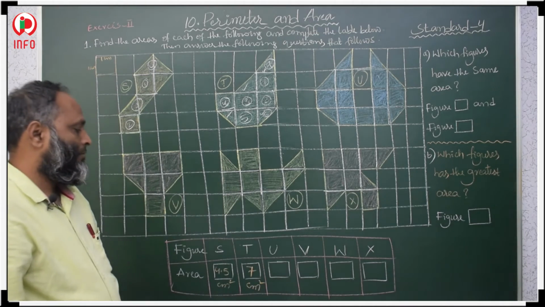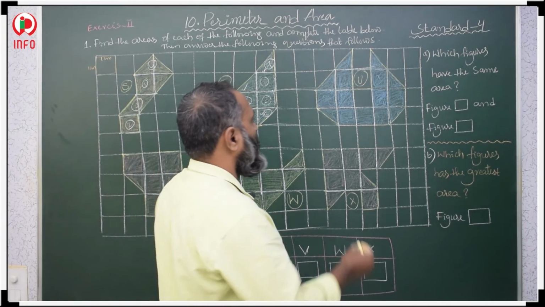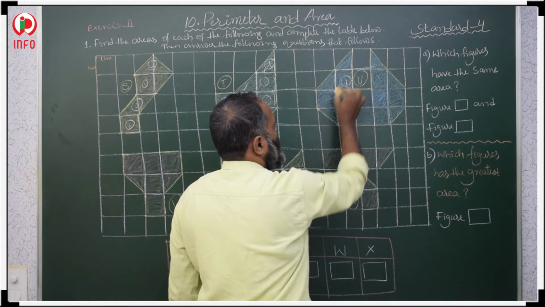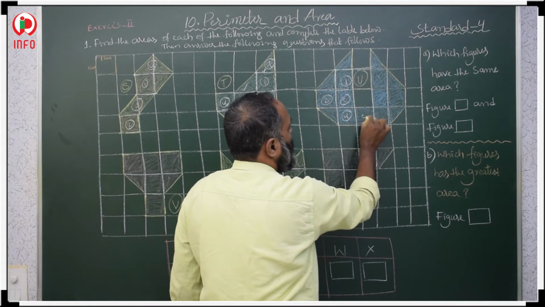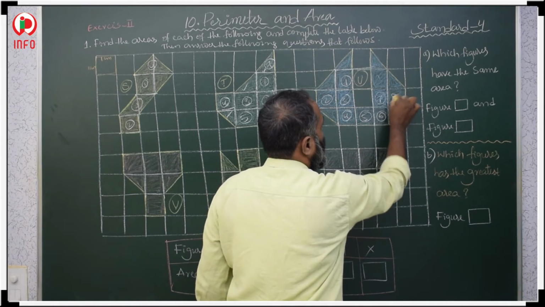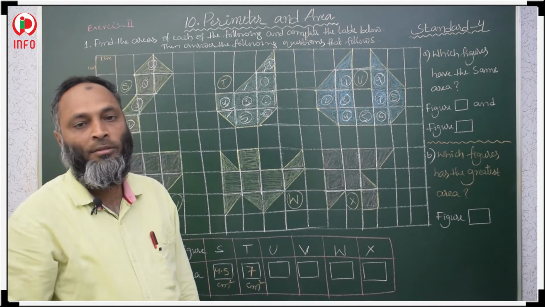centimeter square. Next, U. In this U, first we count complete squares. This is the first complete square, first, second, third, fourth, fifth, sixth, seventh, eighth, ninth. 9 complete squares we have.